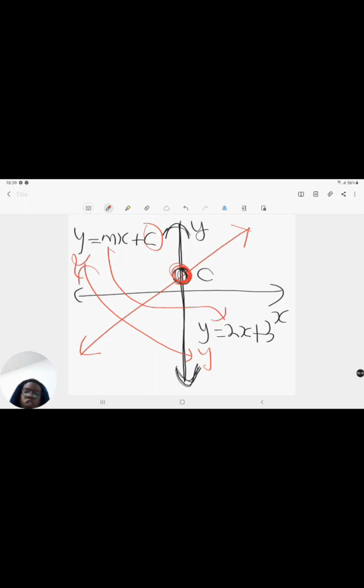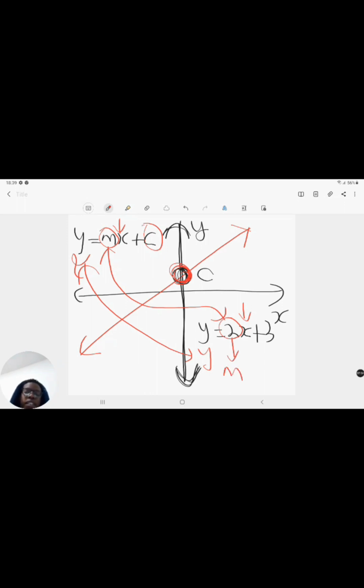Why am I saying m is 2? Because m is the value that is next to the x. I've got my x there and my x there, so the value next to the x has got to be my m. My m in this case is 2.